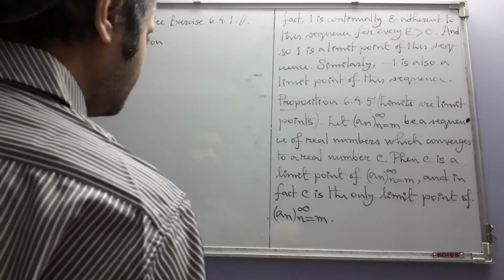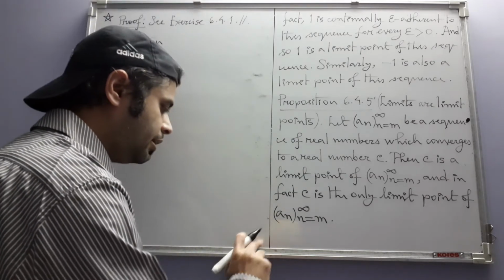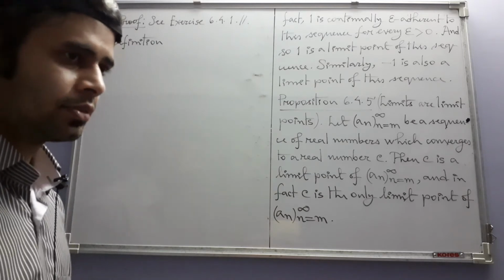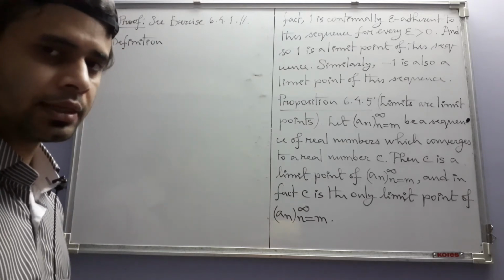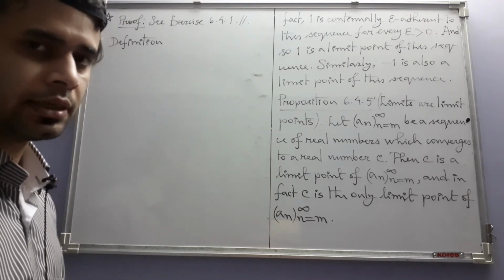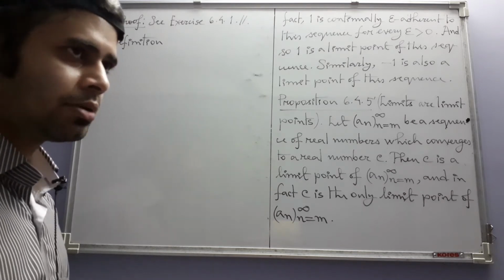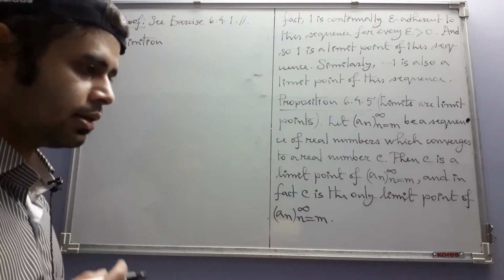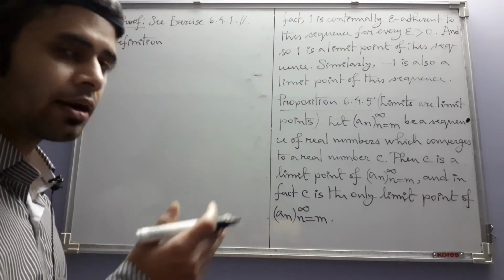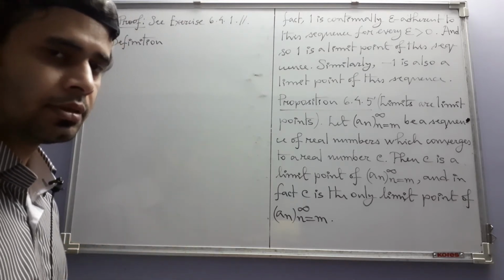If you are wondering why we need these things, aside from the fact that they are interesting notions worthwhile to investigate, they will help us prove that the real line has no gaps.